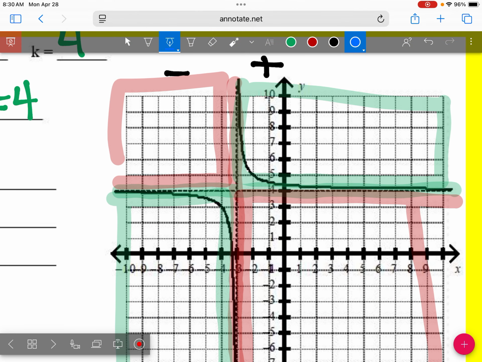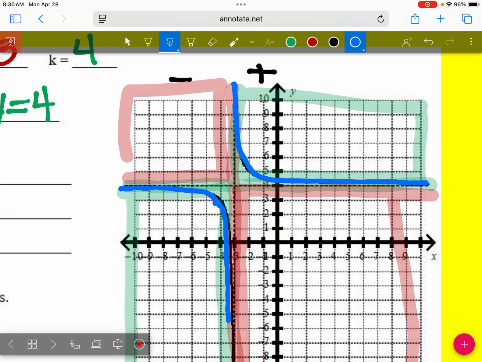So if I trace the graph, we got a graph here. And if I trace it so that it stands out a little bit more, we have it here. So where is it though? Is it the section that I have green or the section that I have red? Who says it's positive? Who says negative? Who's not sure? Oh, man, okay. So let me keep going then. I'm going to color this whole section.